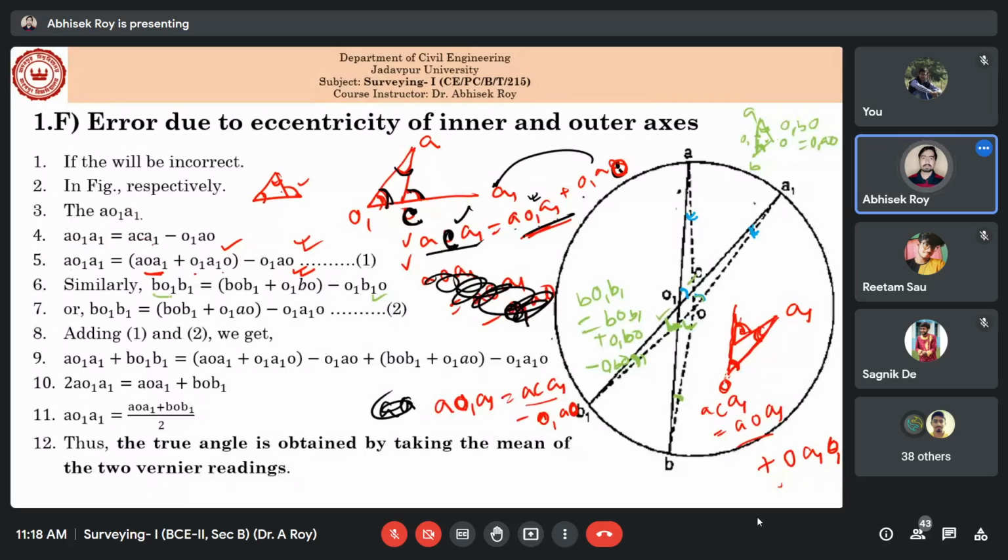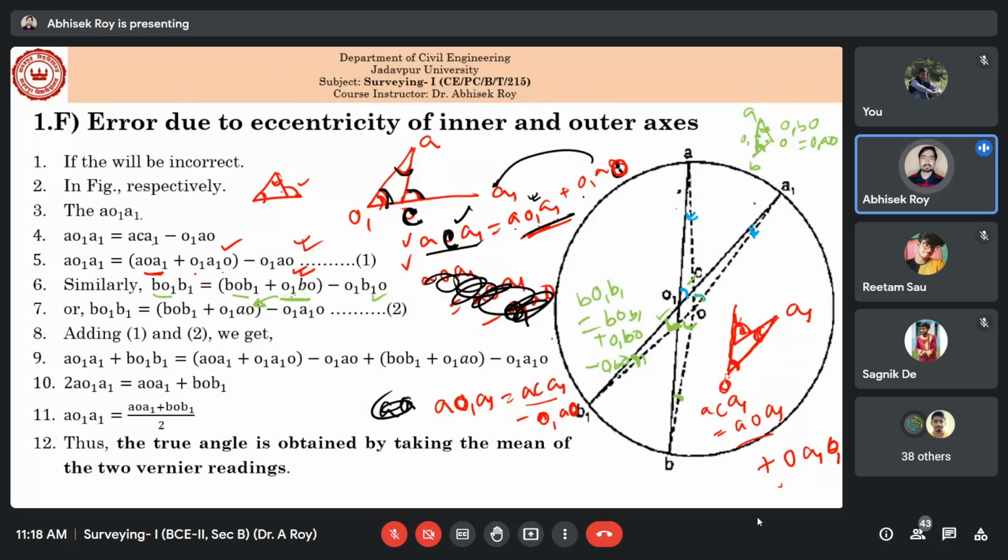That's why we have written BO1B1, which is equal to BOB1 plus O1BO minus O1B1O, which will be replaced by the value of this one. As O1BO we already know is O1AO, we have replaced this one with O1AO.